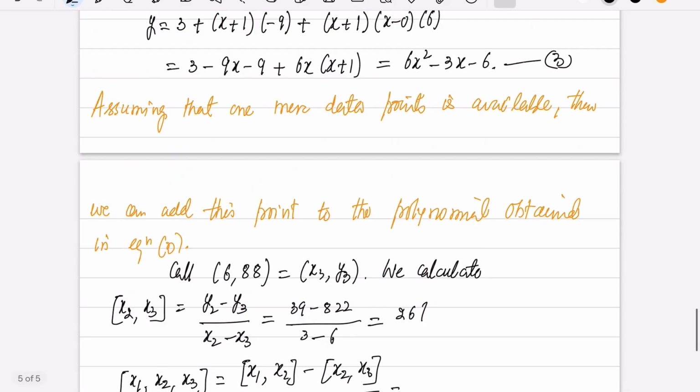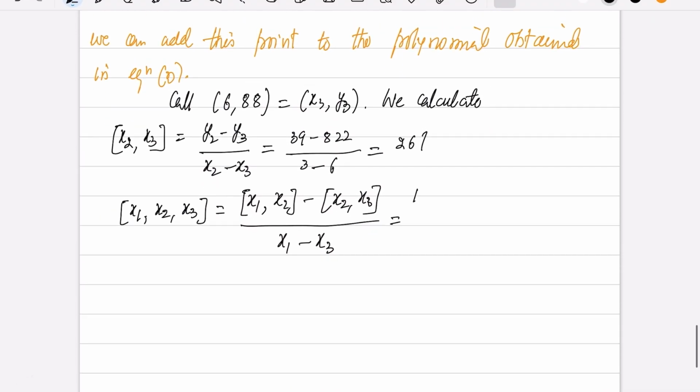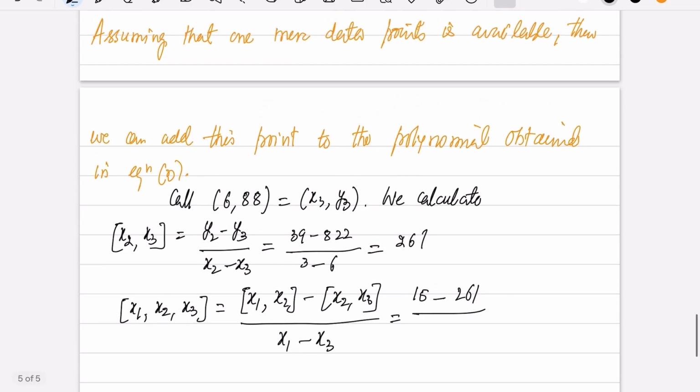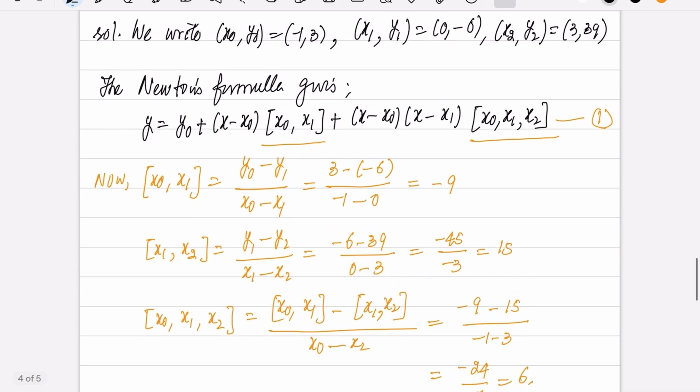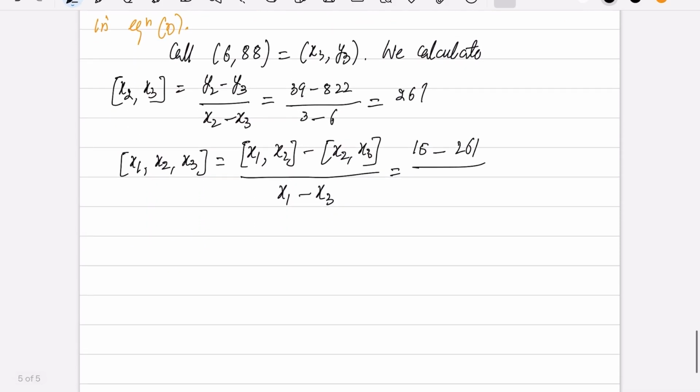Now [x1, x2], that was earlier obtained as 15, minus 261, divided by x1 minus x3. Now x1, as we know, is equal to 0. So this is 0 minus 6 because x3 is equal to 6, and this finally becomes 41.